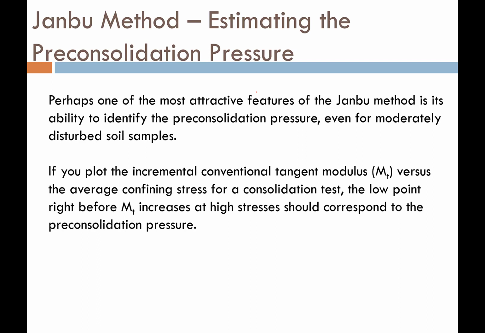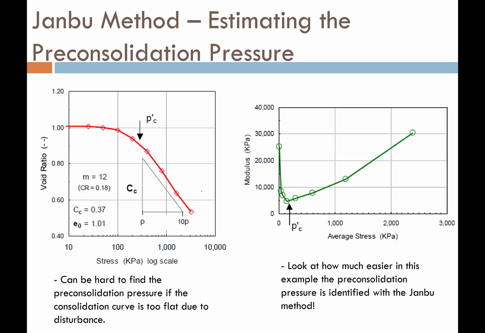But if we instead plot the incremental conventional tangent modulus versus the average confining stress for a consolidation test, what we're going to find is that the low point in that curve corresponds to the pre-consolidation pressure. So it's going to look something like this.